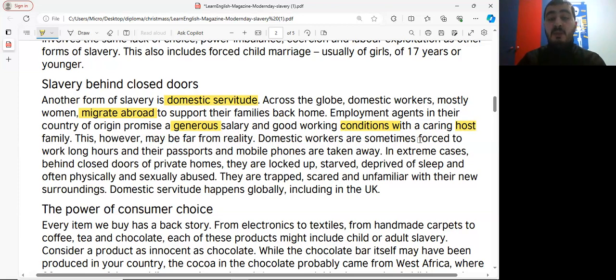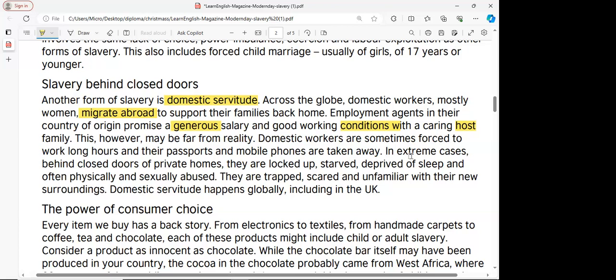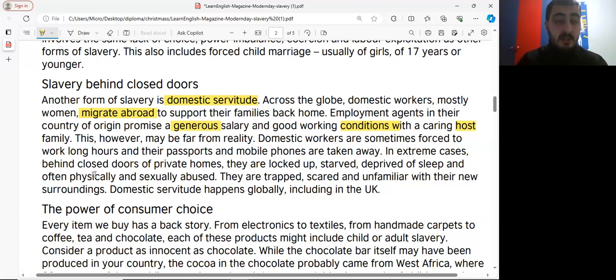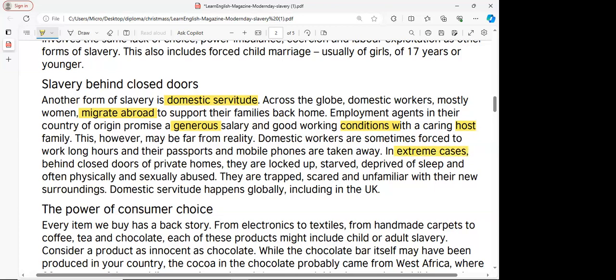Domestic workers are sometimes forced to work long hours، يجبروا على العمل ساعات طويلة. And their passports and mobile phones are taken away، تلفوناتهم وجواز سفرهم عشان ما يهربوا وما يتواصلوا. الناس للأسف تعمل هيك. In extreme cases, behind closed doors of private homes, they are locked up.